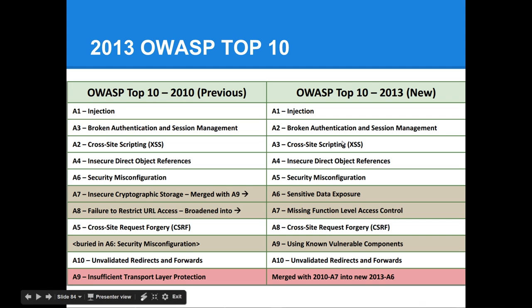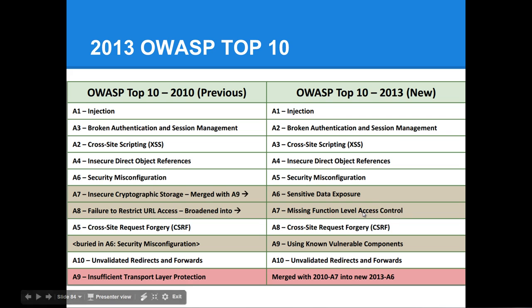Then comes third is cross-site scripting. Then after that, insecure direct object references. Next is security misconfiguration, which is incredibly common and is often a default vulnerability in many content management systems and web server frameworks, as well as sensitive data exposure.